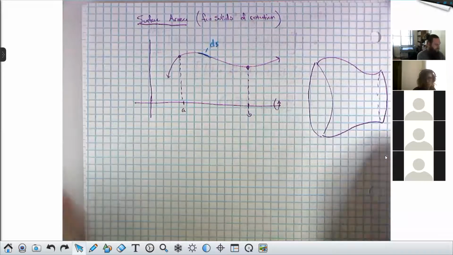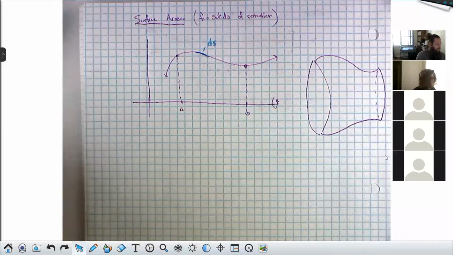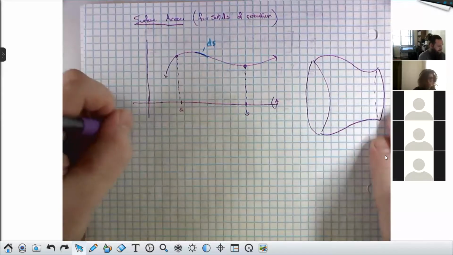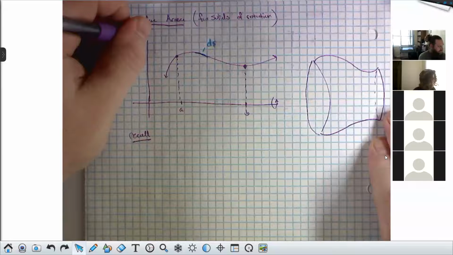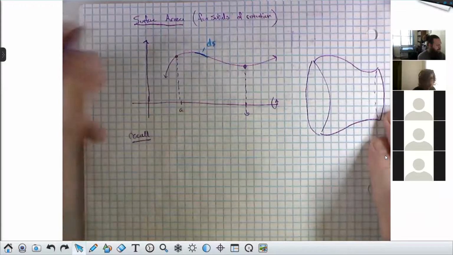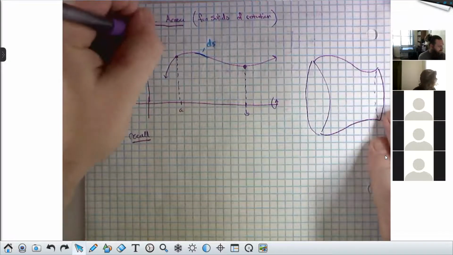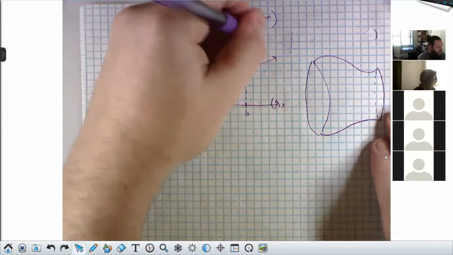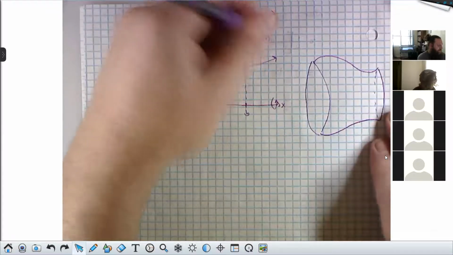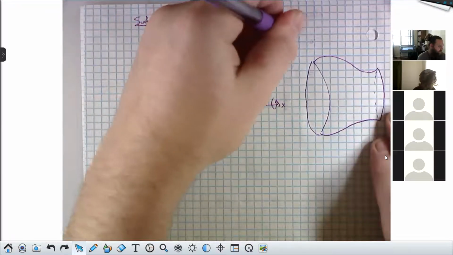And recall, this is a parametric curve, right? So this is the y-axis, this is the x-axis, and the curve here is x equals x of t, y equals y of t.